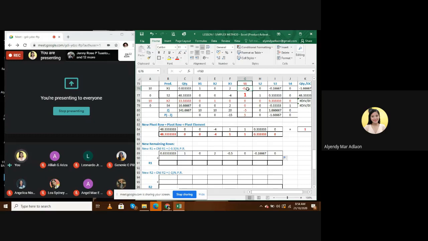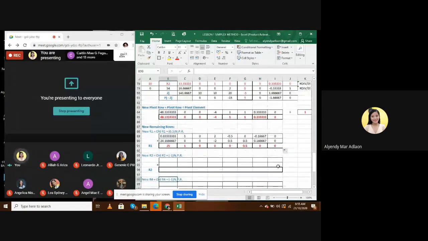Since negative 0.5 man na siya class, negative 0.5 times negative 1, that is positive 0.5. Okay? So, kani siya dapat positive 0.5. So, positive 0.5 multiplied by the new pivot row. Kato nakuha na to nga new pivot row, and then you drag. Okay? And then after that, you add the two. Okay, you add them. So this is now our new row 1.